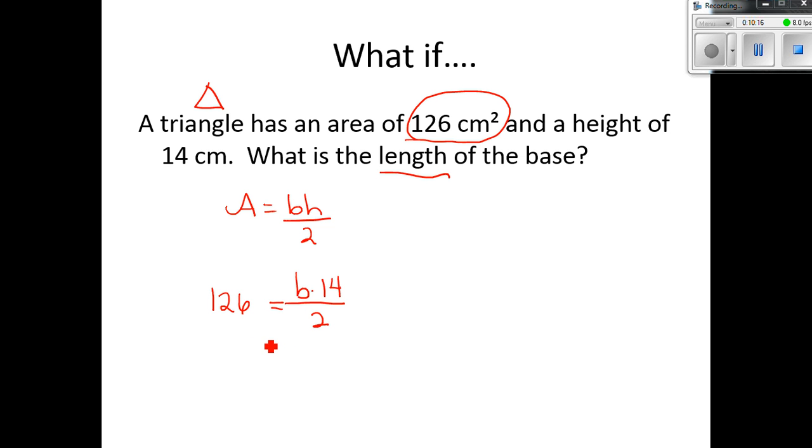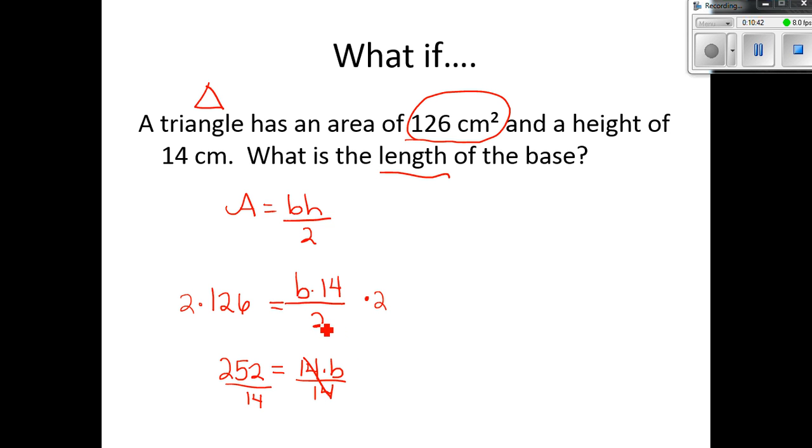So now I've got to use some algebra to get b alone. The opposite of dividing would be multiplying, so I'm going to multiply both sides by 2. 2 times 126 is 252. That's equal to 14 times b, so 14b. The opposite of multiplication is division.